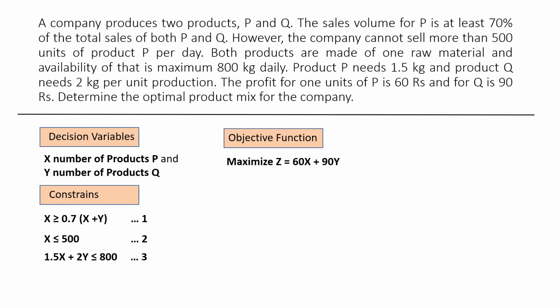So after understanding the decision variable, constraint and objective function, now we are going to discuss the last thing, that is the non-negativity of our decision variable. As we know, the decision variables X and Y stand for the number of products of P and Q. That means we are going to produce these numbers of product. So we can have the value as 0 or we can have a positive number.